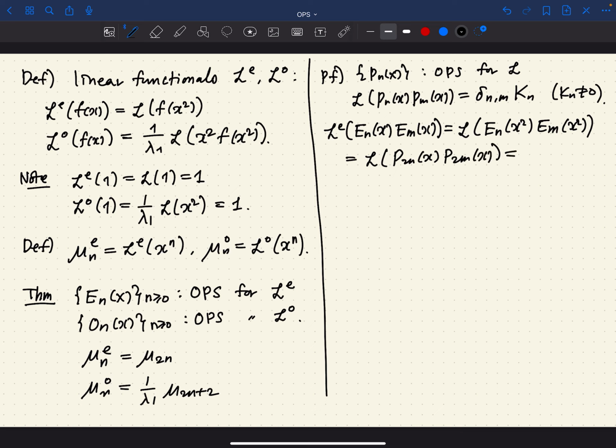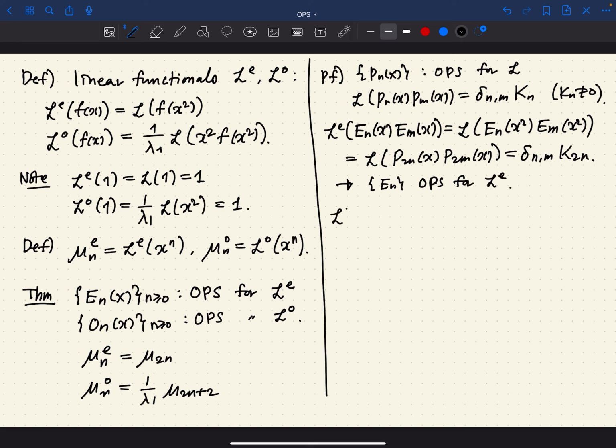But of course, now it's just a product of two orthogonal polynomials, so they are equal when n and m are equal, so we can write it this way. But this means that these are an orthogonal OPS for L of E.